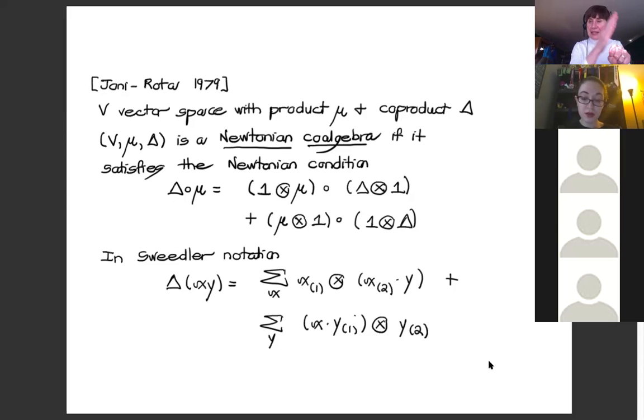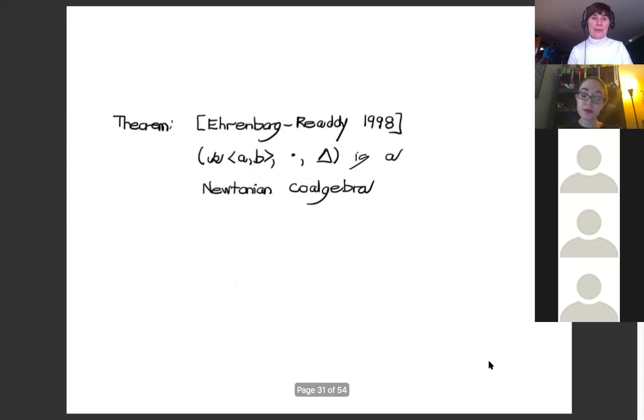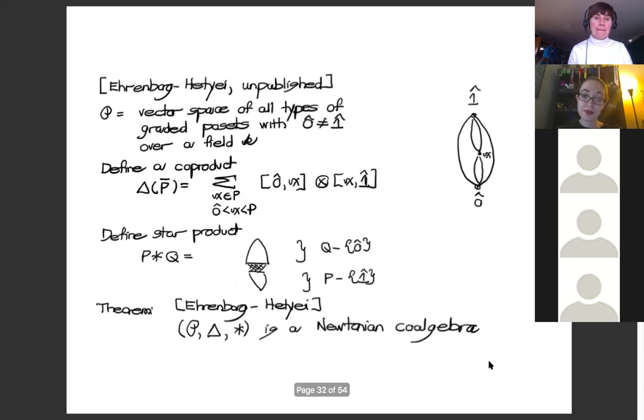The whole point is that the tensor sort of moves along and you can factor things this way. It's just a product rule. That's all it really is. Okay, so with Richard Ehrenborg, I proved that this polynomial algebra in A's and B's with concatenation and this coproduct does satisfy a product rule. It's a Newtonian coalgebra.